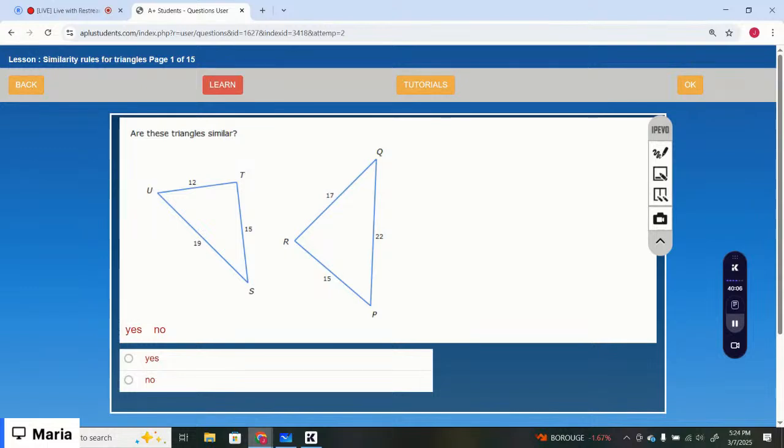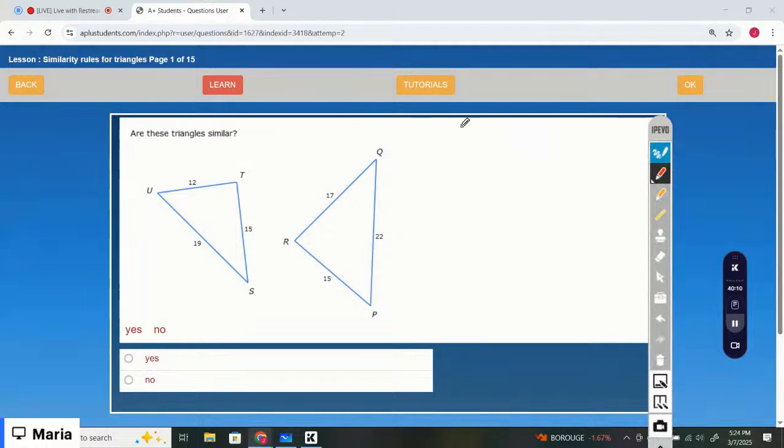Okay, so the side TU is similar to RP, so let's form a proportion, 12 divided by 15. That is 3 by 5.